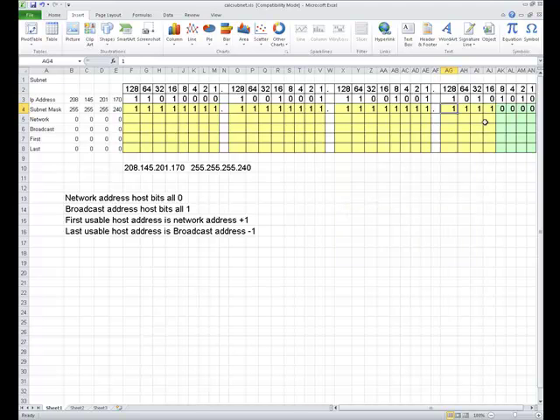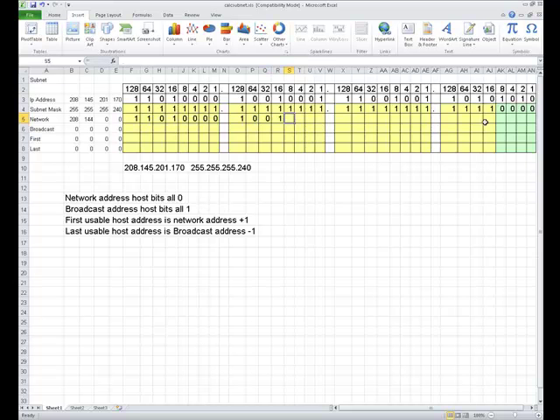We go through this thing. So in the process of determining the network address, we'll go through the ANDing process again. 1 and 1 is 1. 1 and 1 is 1. 1 and 0 is 0. 1 and 1 is 1. 0. 1 and 0 is 0. 1 and 0 is 0. 1 and 0 is 0. 1 and 1 is 1. 1 and 0 is 0. 1 and 0 is 0. 1 and 1 is 1.